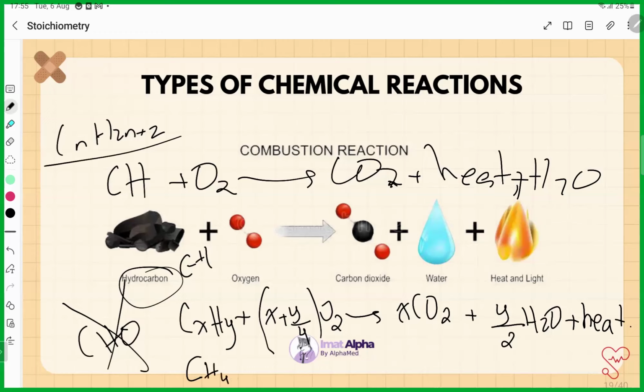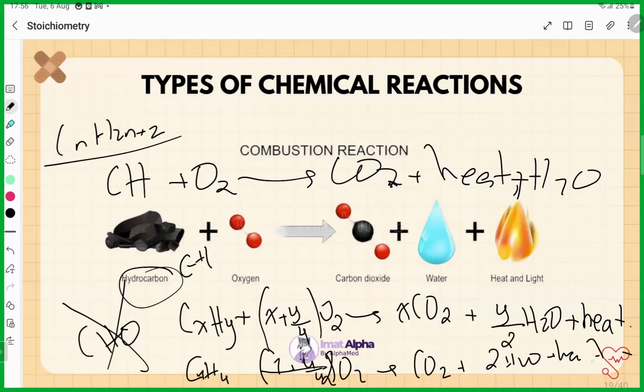So carbon has 1, hydrogen has 4, so 1 plus 4 over 4, 2 O2 gives CO2 plus 2 H2O plus heat. 1 plus 4 over 4 is 2 O2. So you see how easily it's balanced.